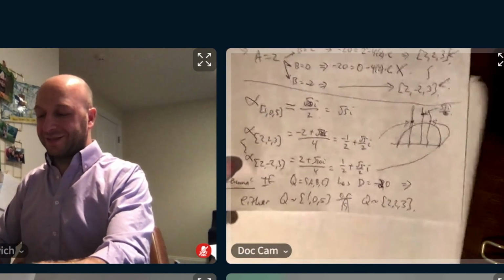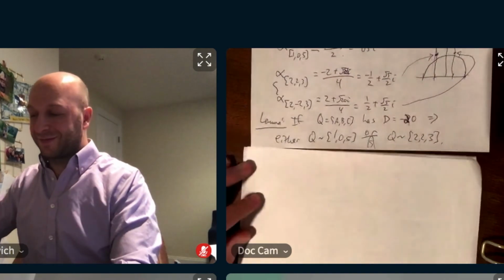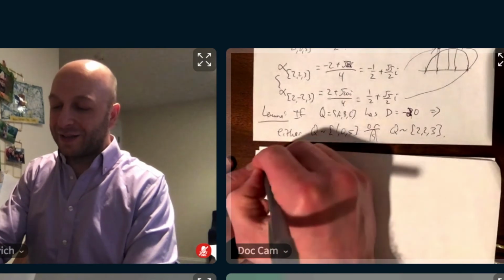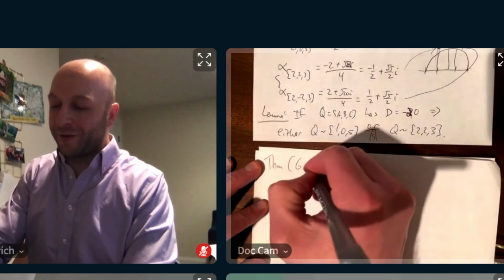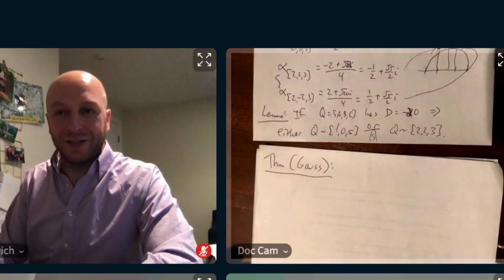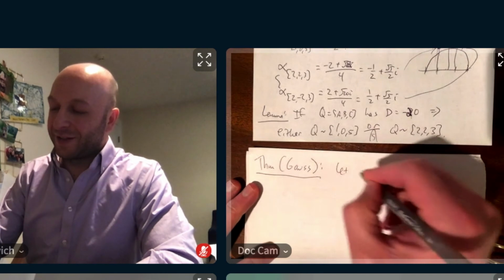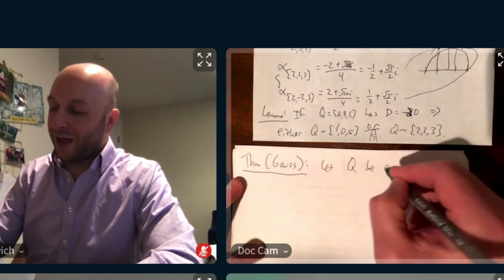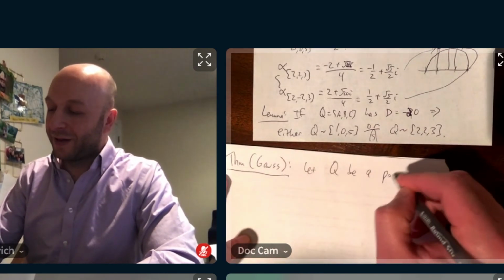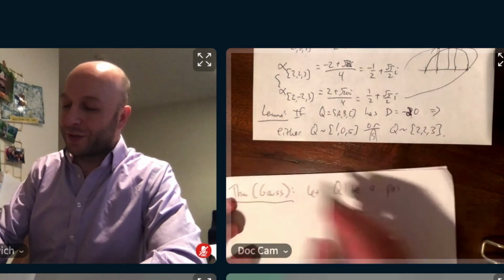All right, let's prove our final theorem, which hopefully now will be very easy. This is a major theorem of Gauss from when he was like 18 years old in his Disquisitiones Arithmeticae. Let Q be a positive definite. I don't want to start with Q. I want to start with discriminant.